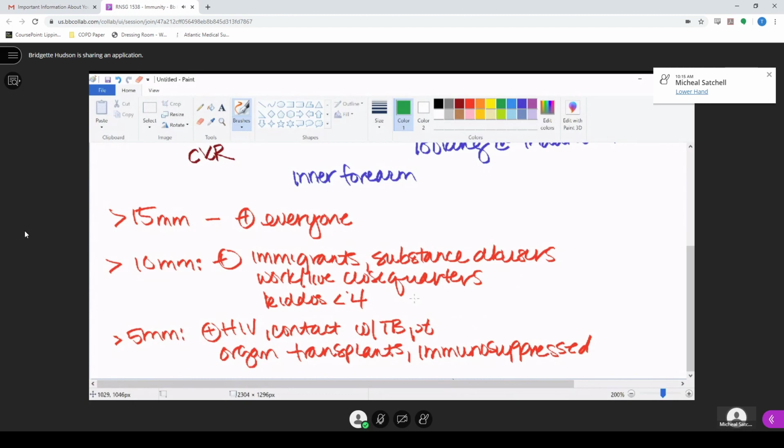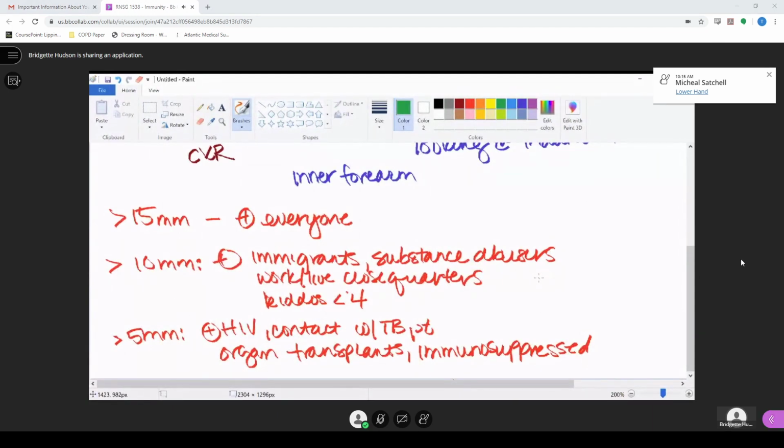Pretty much, it could be like a cancer patient, which is a 5 millimeter. That's all I need to know. Did you say HIV too? Because that was the first one I wrote. Cancer patient, yeah, that'll be anybody that's immunosuppressed.